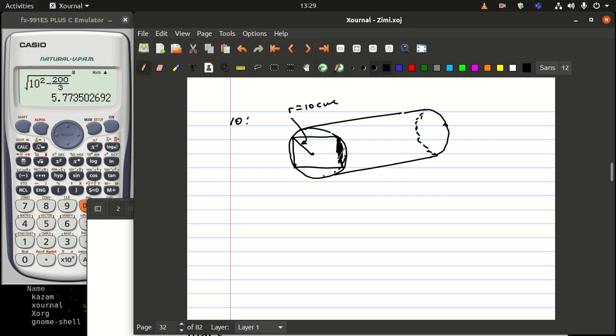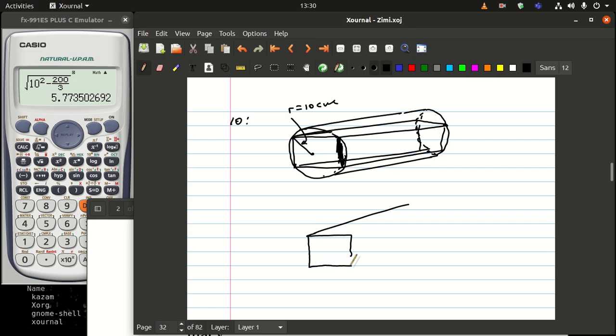Then we cut from that side, we end up there, and we cut from this side, we end up there, and then we get something of this type. So we'll end up having a nice rectangular beam.